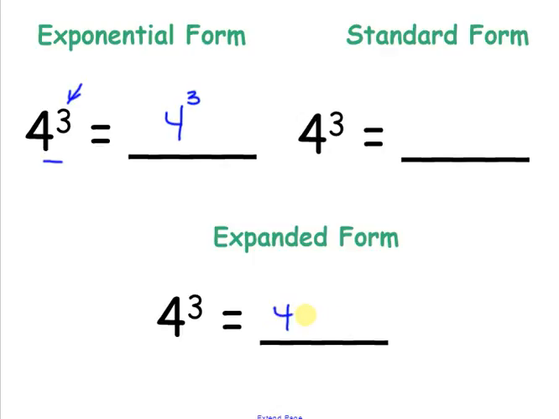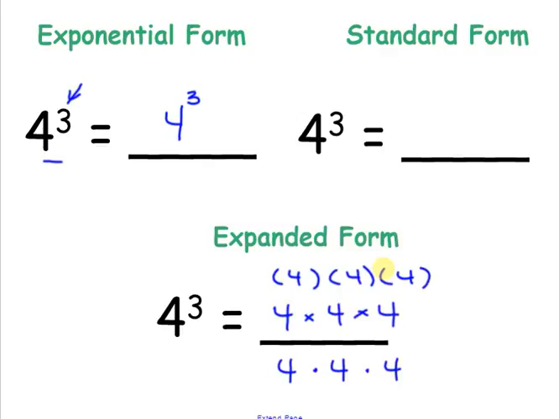It's going to be 4 times 4 times 4. Slowly we're going to start to get away from using this x as a times. You're also going to see me write it using the dot. And you may also see me write it with parentheses, because when you have parentheses next door to each other, that signifies multiplication. Any of these 3 ways are acceptable for expanded form.